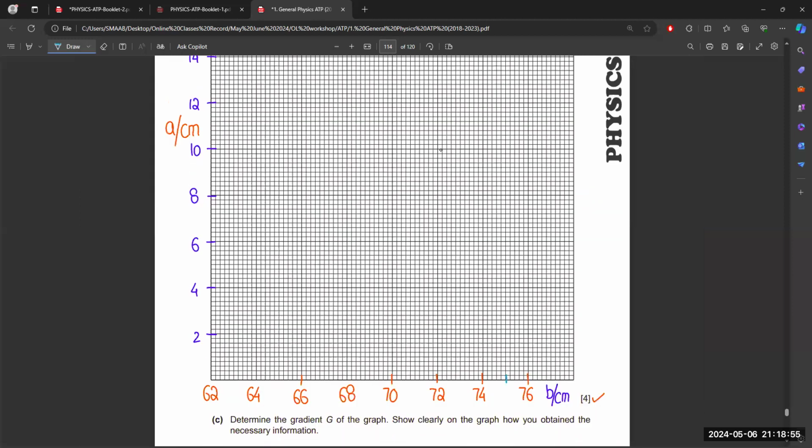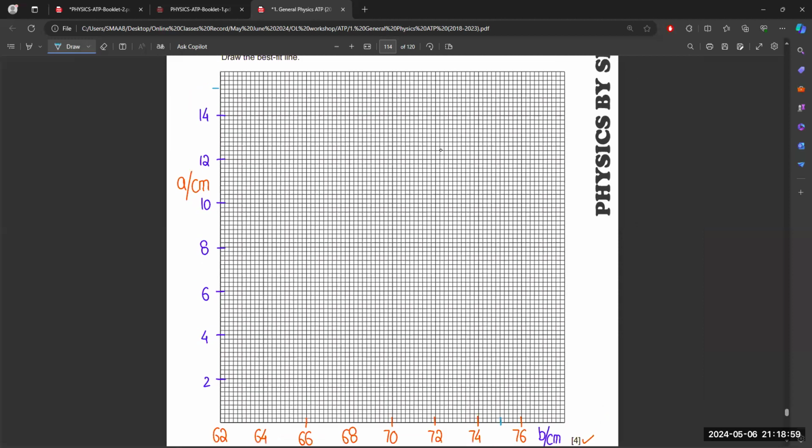This is 75. So you need to match these lines. Right? So this is the first point.